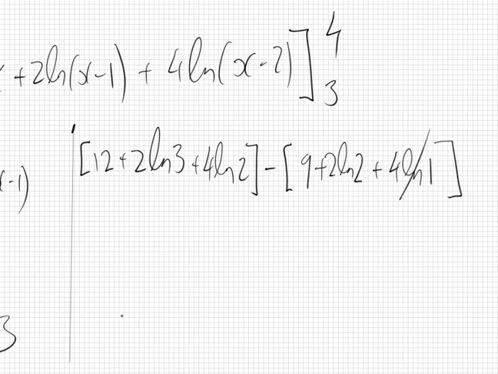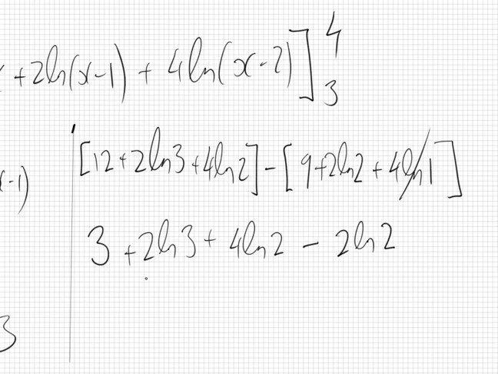Well, that's 0, so that's gone. 12 minus 9 is 3 plus 2 log 3 plus 4 log 2 minus 2 log 2. So that's 3 plus 2 log 3 plus 2 log 2.